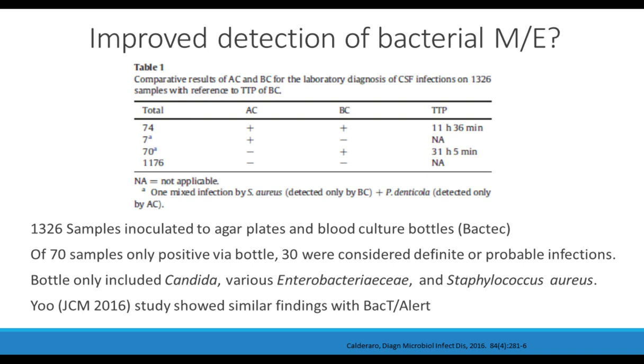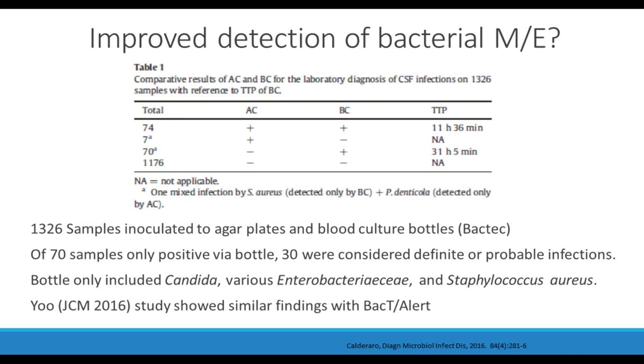If you look at the chart at the top, you had 74 which were detected by both the agar culture and the blood culture. You had 7 which were detected only by the agar culture, and 70 again which were detected only via the bottle. And chart review considered 30 of them to be either definitive or probable infections.